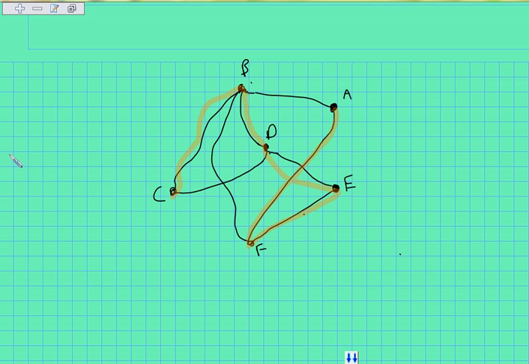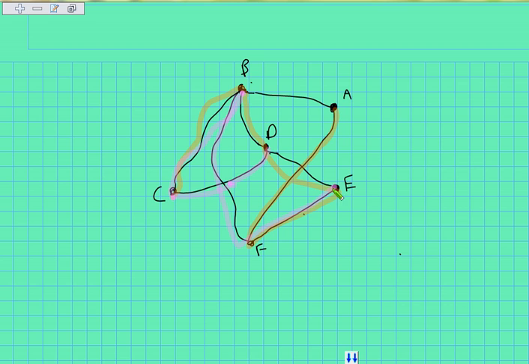Now, let's say that I wanted to come up with another one. So let's start anywhere else, and we're going to walk through this. We're going to go from D to C, and then up to B. And from there we're going to go to F, and then to E. And at this point we should notice we will run into a problem.